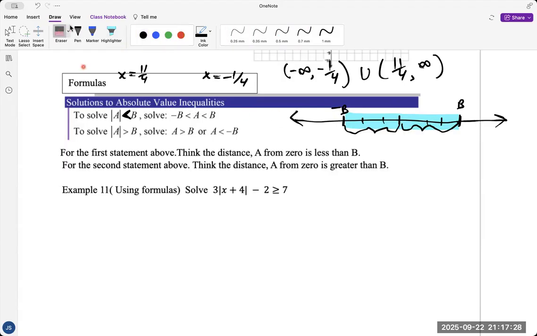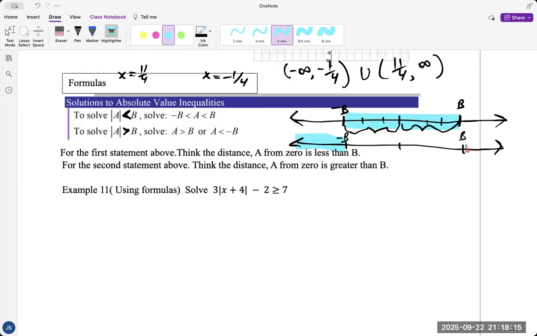Okay, if the absolute value of a value is greater than a given value, B, so this says the distance that this value is from the origin is greater than B. So we go to B, that means this, wherever it is, it's at a greater distance from zero than B. So it would mean it's out here or out here.